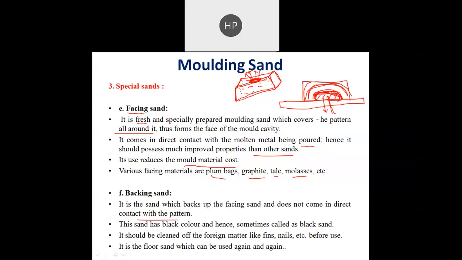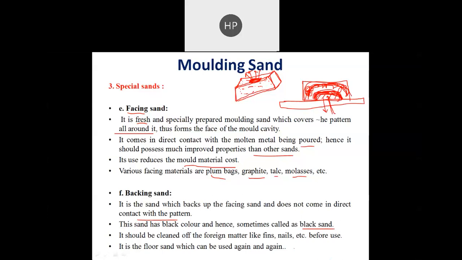As we know, this sand is a facing sand, and whatever the other sand all around this is known as a backing sand, and that backing sand does not directly come in contact with this pattern. This sand has black color, and hence sometimes it is known as a black sand. So backing sand is also termed as a black sand.